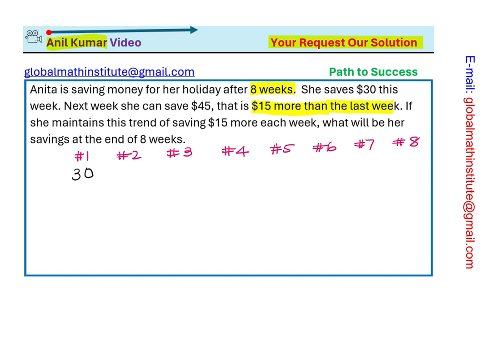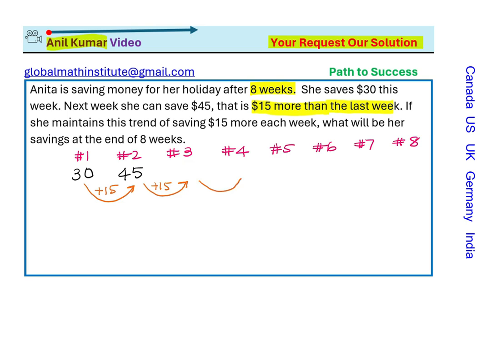Next week, she can save $45, which is 15 more. As you can see, this was obtained by adding 15. And this trend is followed. So, keep on adding 15. You get the whole idea to get the next amount.